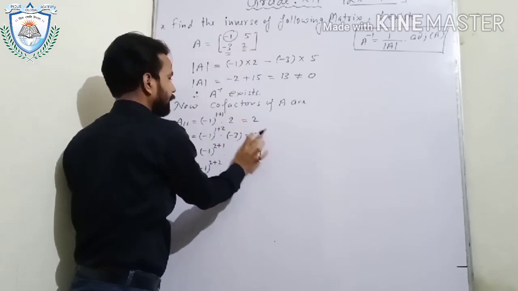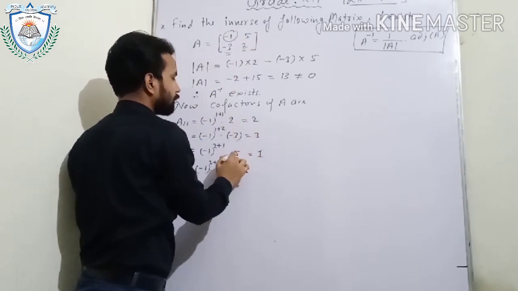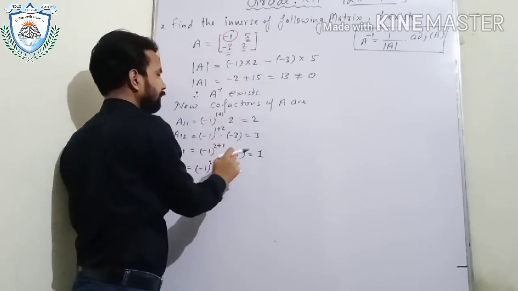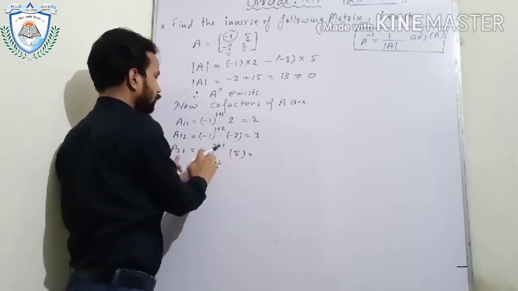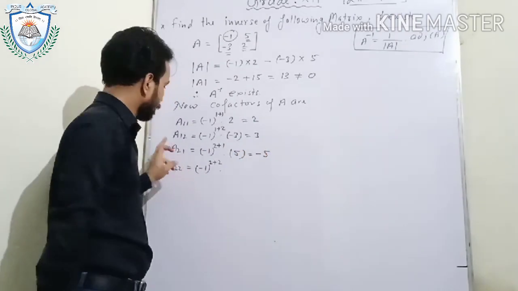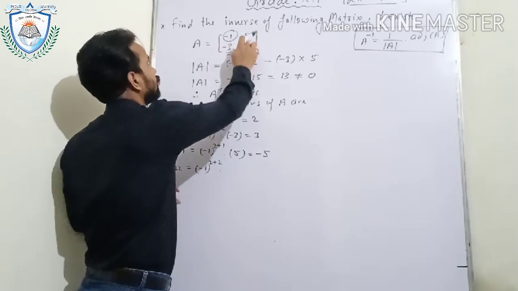So this element will be 5, this is not minus 1. So 5 into negative 1 will be minus 5. Clear?